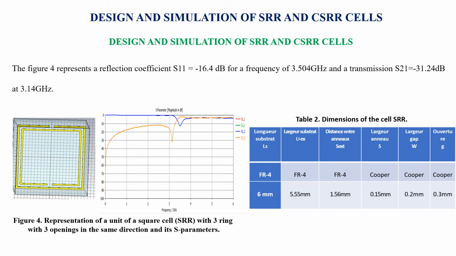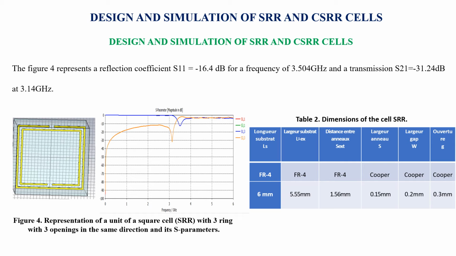Design and simulation of SRR and CSRR cells. The figure 2 represents a reflection coefficient for frequency of 3.5 GHz and transmission for 3.14 GHz.